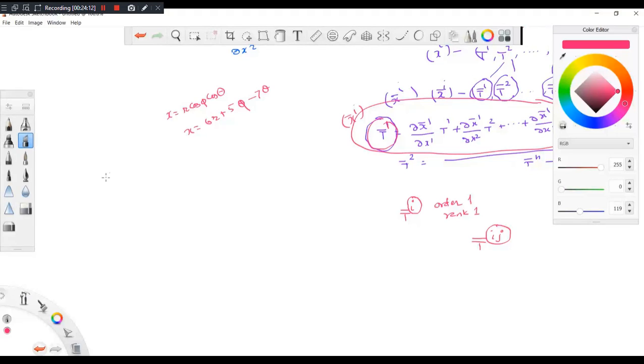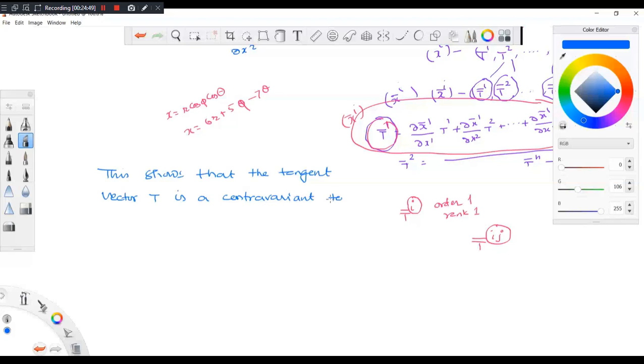So I finally write a sentence below. All the notes, etc., you write in a margin. So from the above discussion, I write: this shows that the tangent vector T is a contravariant tensor.